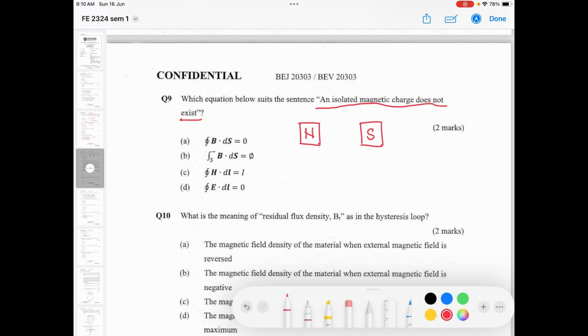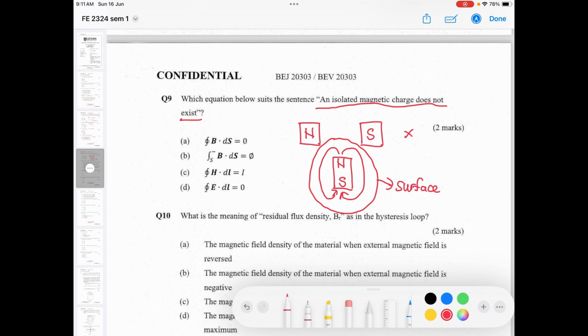This is not possible, because no matter how small your magnetic field is, you will have one side which is north and the other side which is south. The magnetic flux will go from the north pole and terminate at the south pole. So the magnetic flux density passing through the surface will be 0.